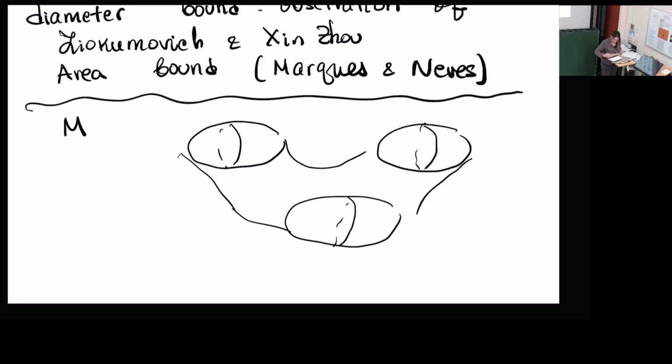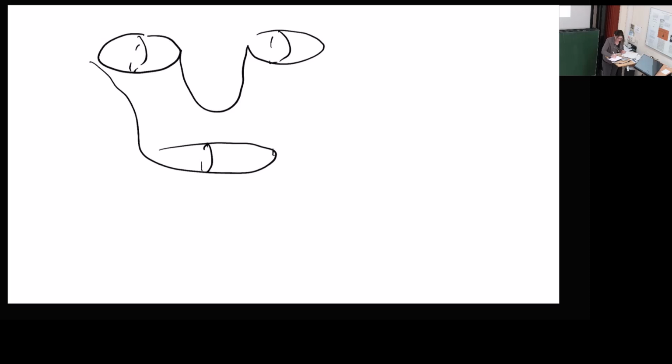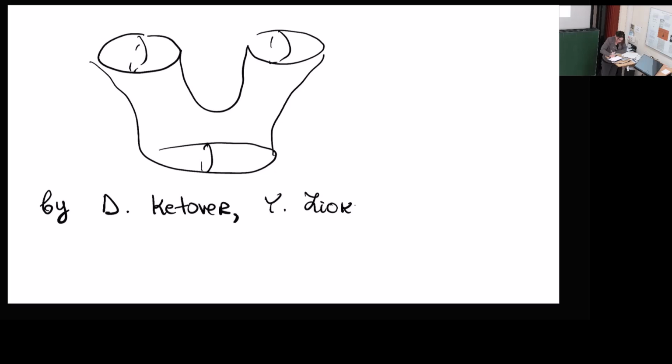After we're done with this, we're going to take each of those domains. By the work of Ketover, Liokumovich, and Song, we can find inside a minimal surface.